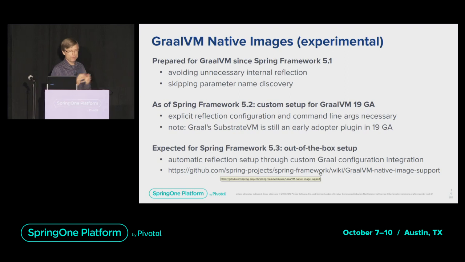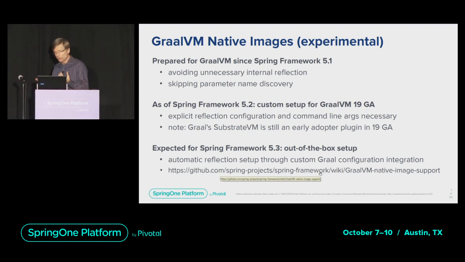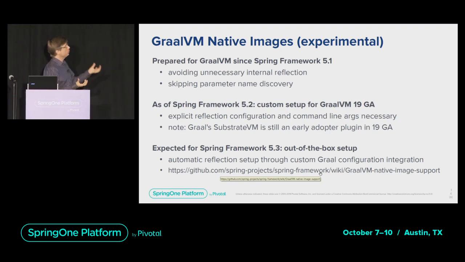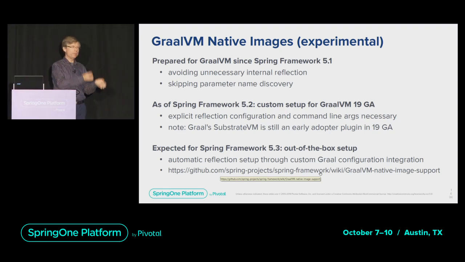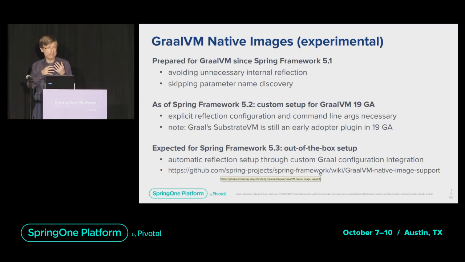We've been pretty early with prototyping the use of Substrate VM, of this kind of native image tool in GraalVM, to find out what it takes for a Spring-based application to be turned into a Graal native image. Basically, this tool is going to take an existing Java-based application and turn it into a native binary.